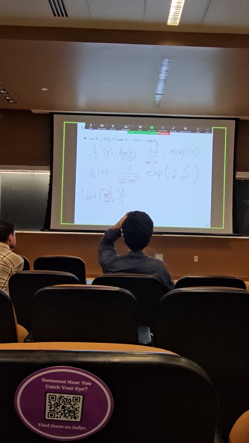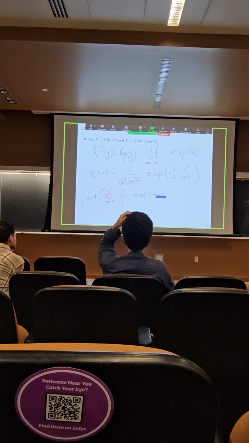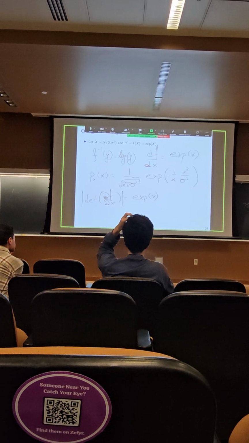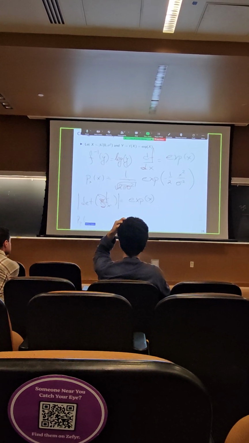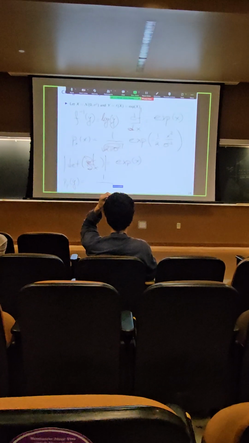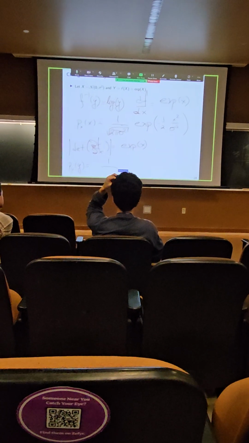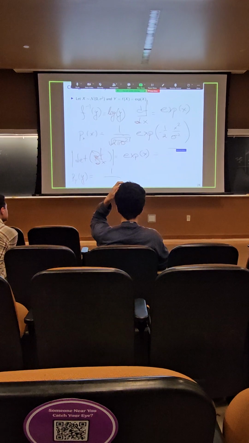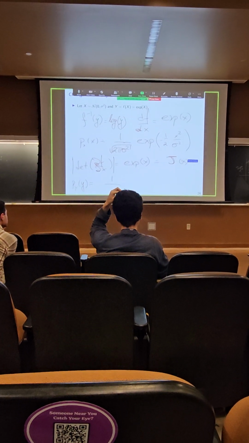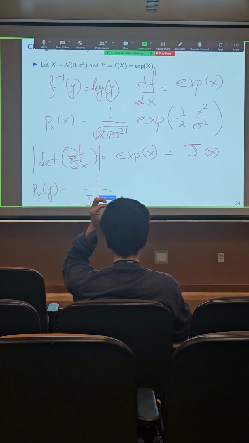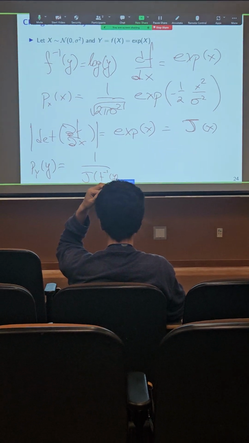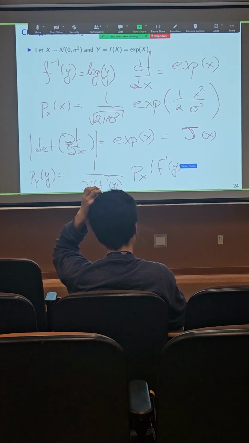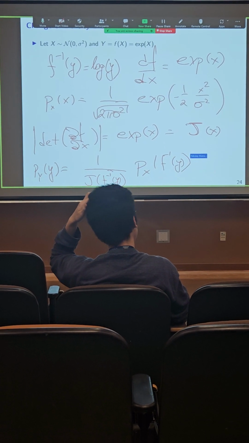Exponential is always positive, so this would be just exp of x. Okay, and then py of y, the density of y, is 1 over, let's call this term here j of x. So this is 1 over j of f inverse y times px of f inverse y. So that's the new density.